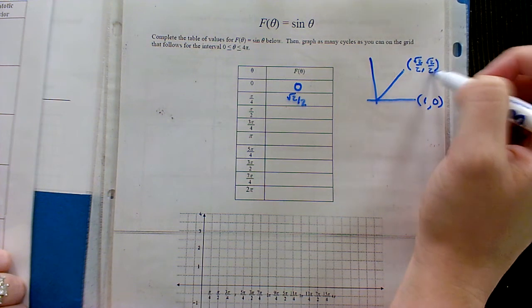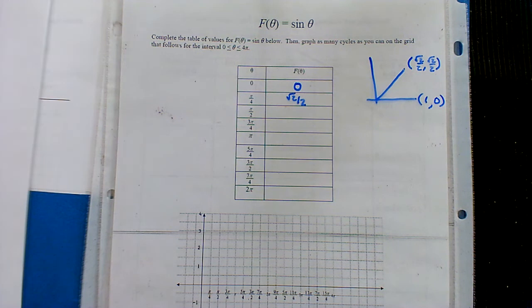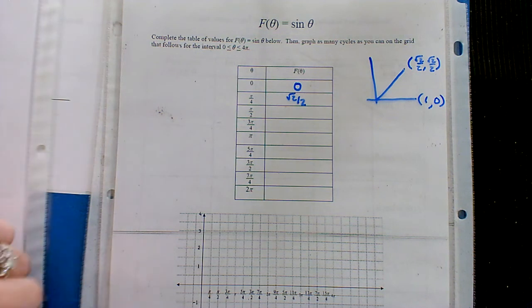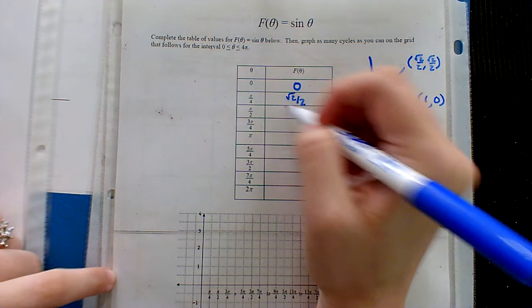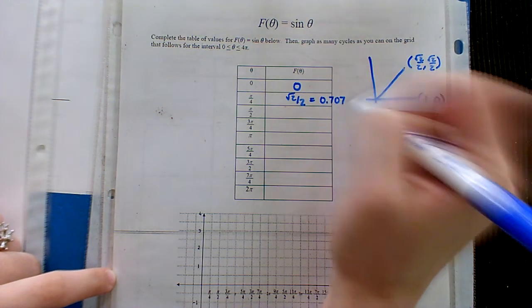There you go. It's the same for both of them. If you're exactly in the middle, you have the same number for both. So the y value, we have the square root of 2 over 2. Now, in terms of graphing, we're eventually going to plot these points to get a picture down below. If you were to type this into your calculator, you'd get a decimal of 0.707.